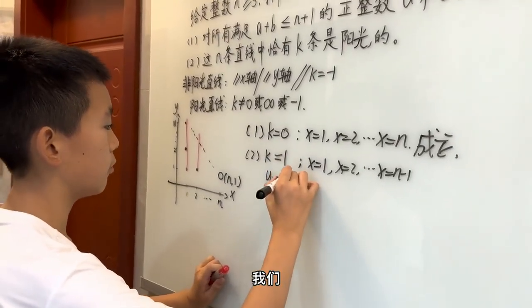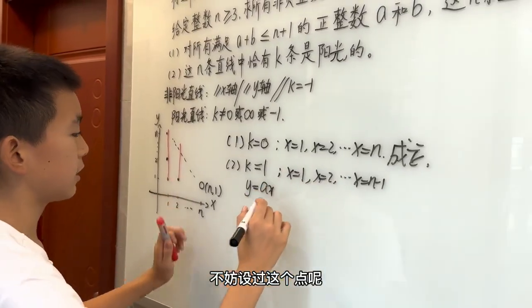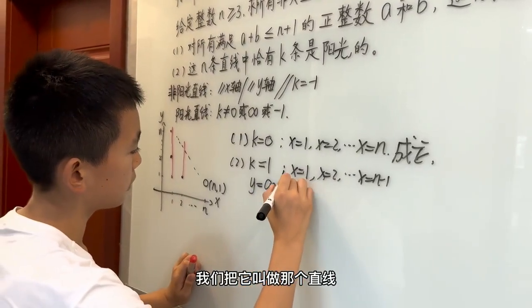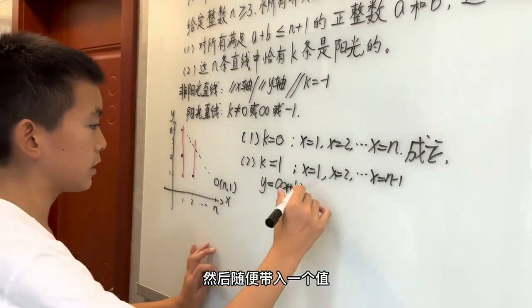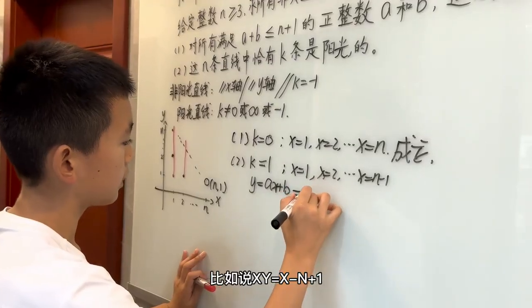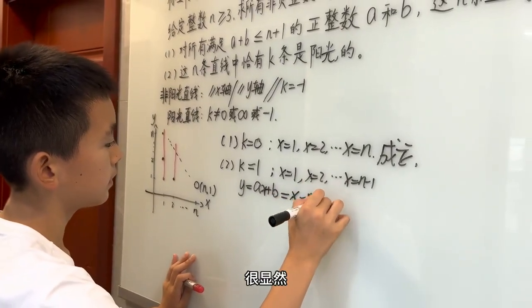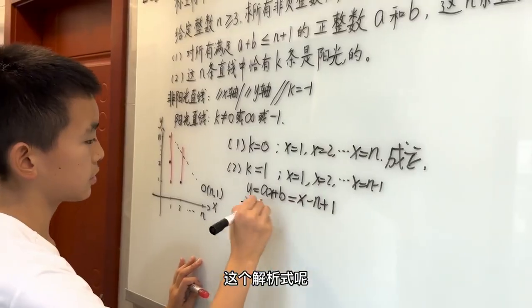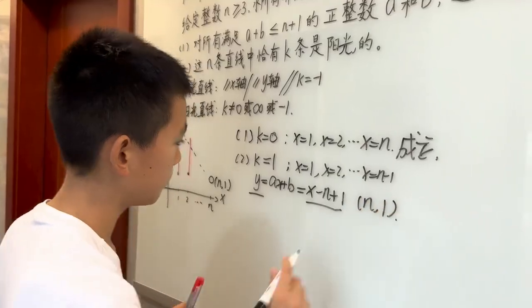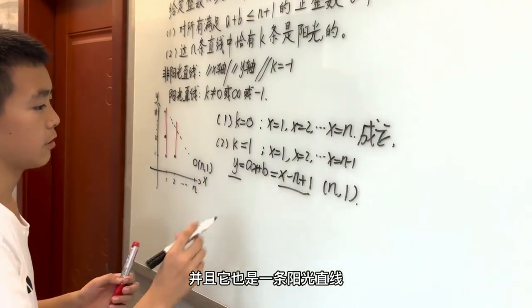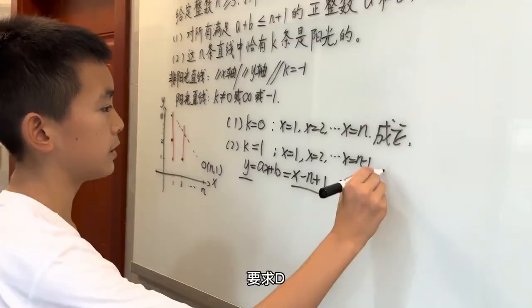We just need to make it a sunny line. Let's set the line as y equals x plus b, and bring in a value, for example y equals x minus n plus 1. Obviously, this line passes through (n, 1) and is a sunny line, which means k equals 1 also works.